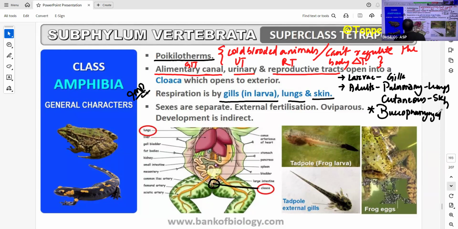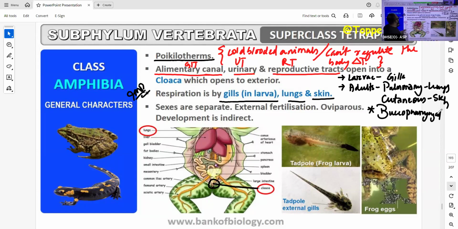Now look at it. Frogs, there's a chapter, Structural Organization in Animals. There you will study the frog as a specimen, and these all concepts. Here we are studying the animal kingdom. So our boundaries are confined to general characters and certain special characters. But there you will look at the frog, the various aspects related to its morphology, anatomy, physiology, in terms of reproduction, the growth and development, all those things.